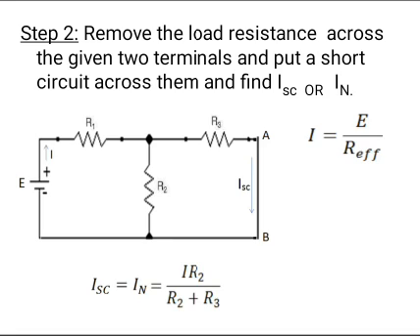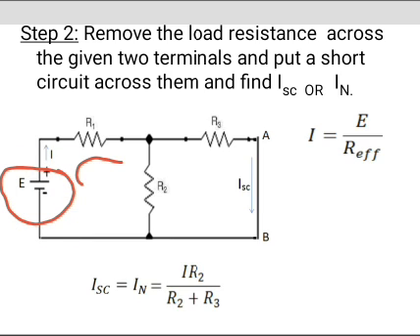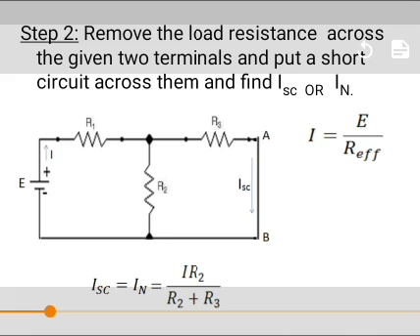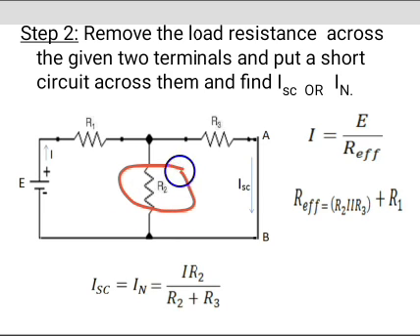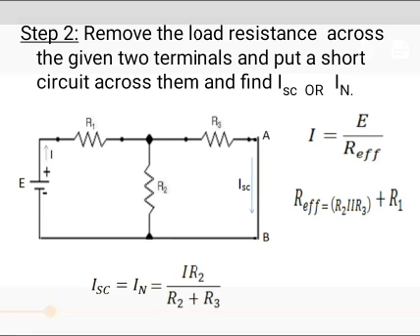You must calculate the value of I, that means the current I flowing in this mesh. I equals E divided by effective resistance. The effective resistance is R2 parallel R3, and these two are connected in series with R1, plus R1.